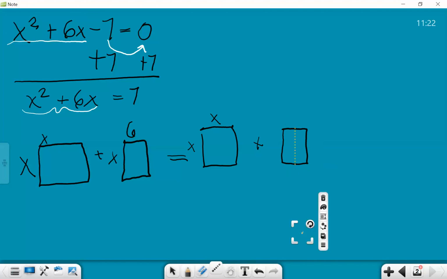All right, so I've now chopped this rectangle in half. This length is still x, right? The height of the rectangle didn't change. But now that I've chopped 6 in half, well, what's half of 6? Half of 6 is 3. So each of these small distances is 3.